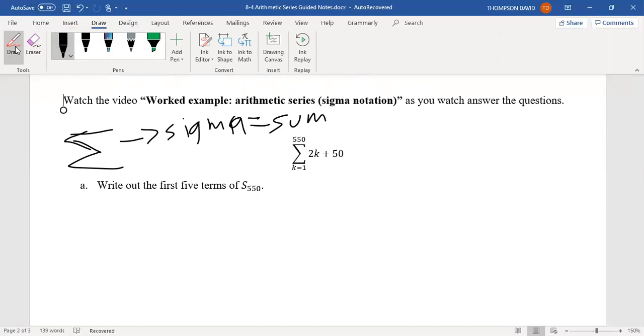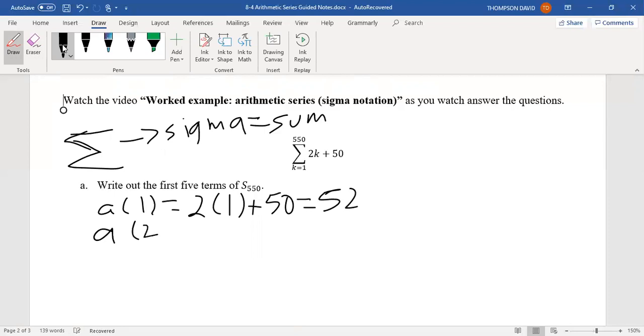So first thing you want to do is find the first 5 terms of the sequence. To do that, all I have to do is plug in 1, 2, 3, 4, 5. So we'll say A1, which is just 2 times 1 plus 50, which equals 52. You plug in A2, 2 times 2 plus 50, which gives me 54.